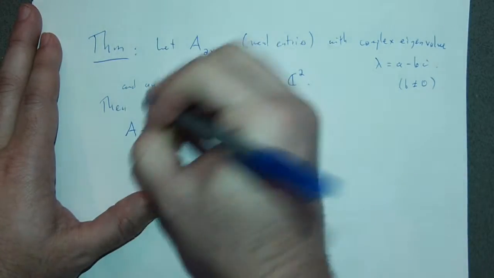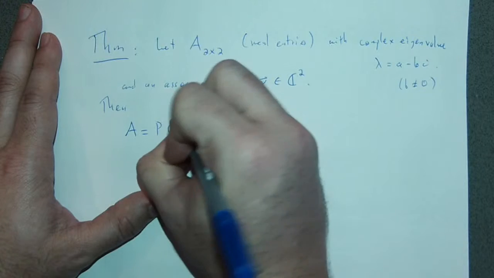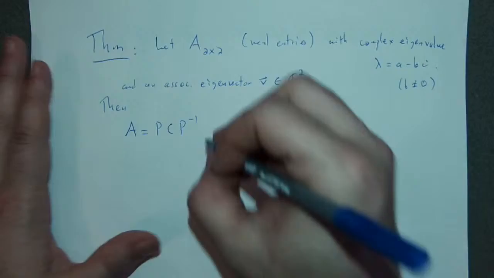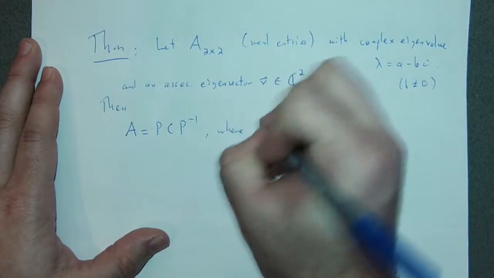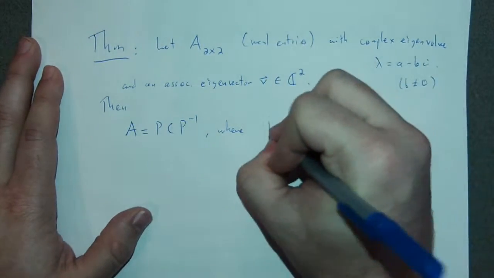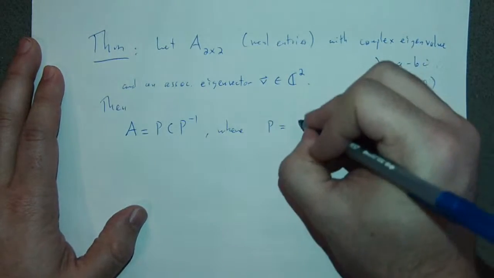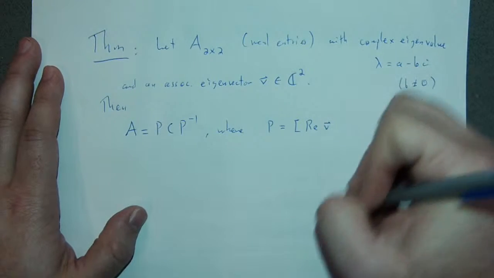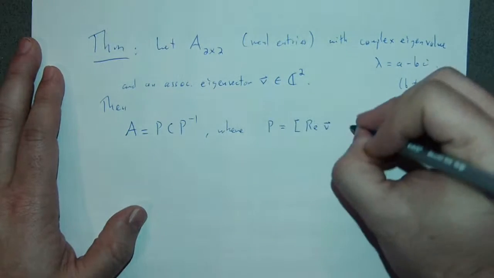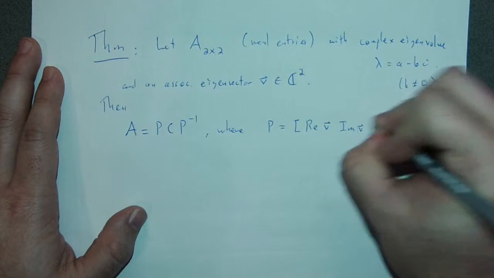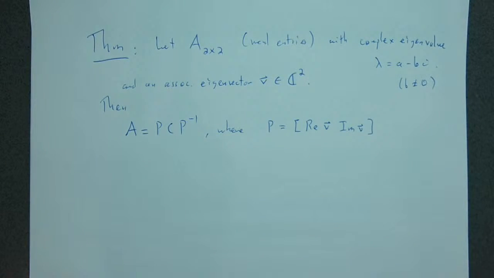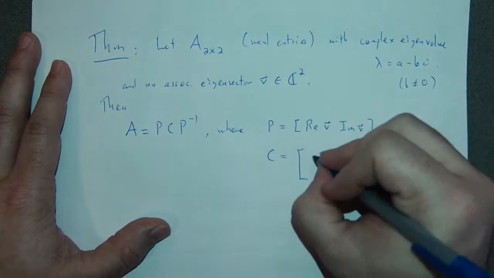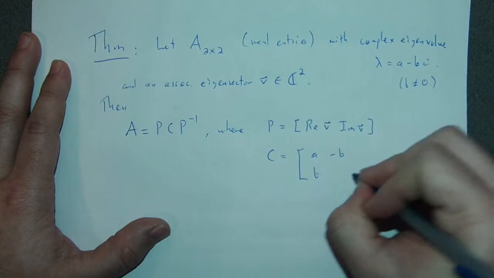A can be written as P C P inverse, where P is the matrix whose columns are the real part of the eigenvector v and the imaginary part of the eigenvector v, in that order, and C is the matrix [a, minus b; b, a].